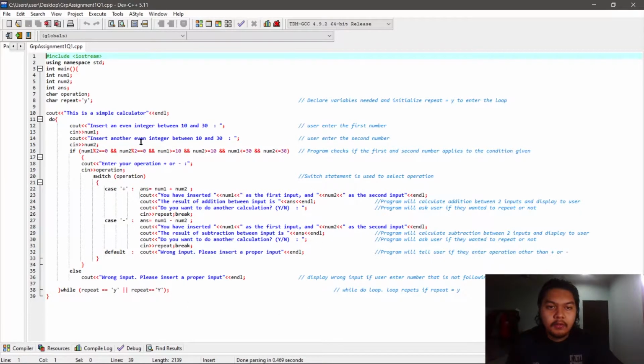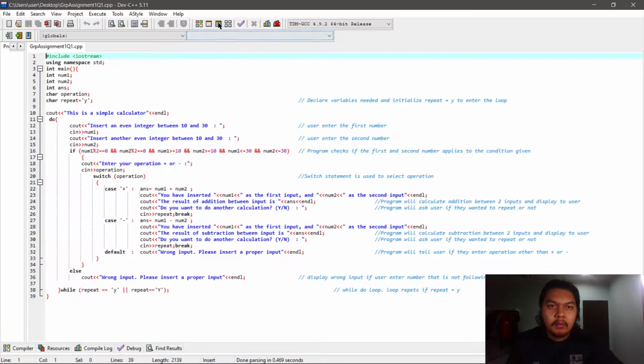It will continue the loop until the user enters repeat as n, or not y, because we use a while loop. The criteria is repeat equals y or repeat equals capital Y here.